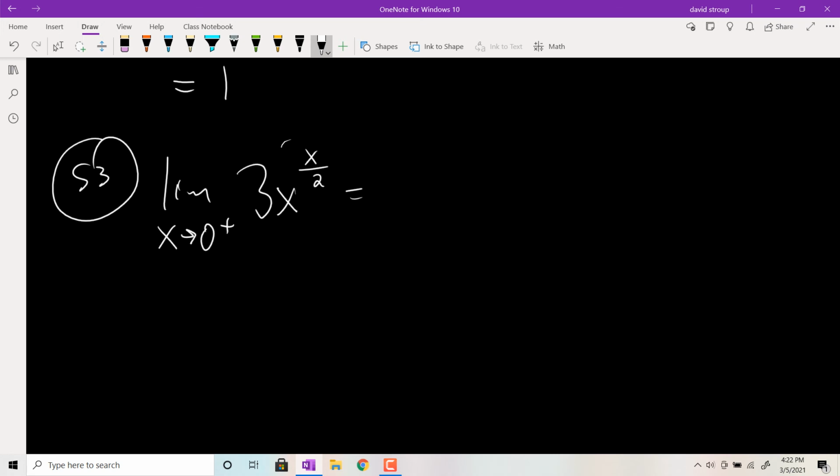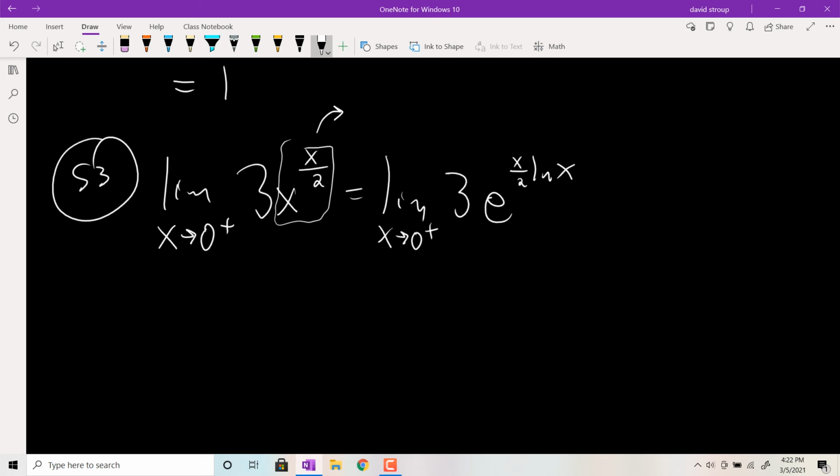So you're going to first convert this into an exponential. Okay, so limit as x goes to 0 from the right of e to the x over 2 ln of x, right? Because originally you can rewrite this thing in the box as e to the ln of x to the x over 2, and then you could take this thing and put it in front, and you end up with this.